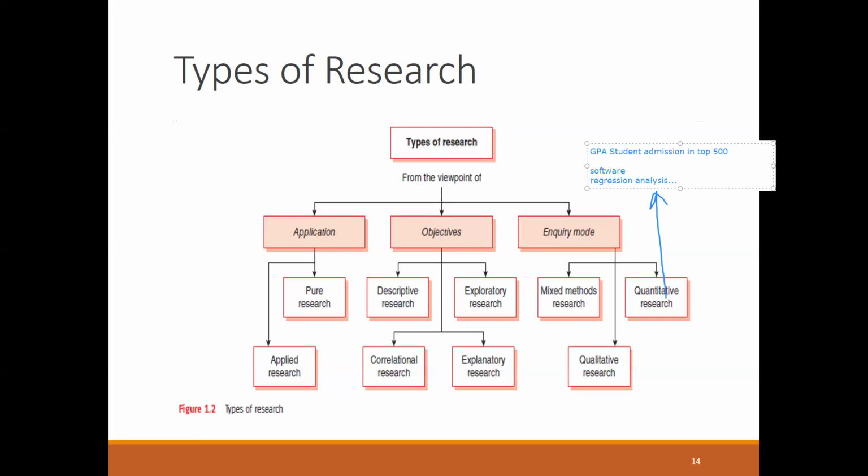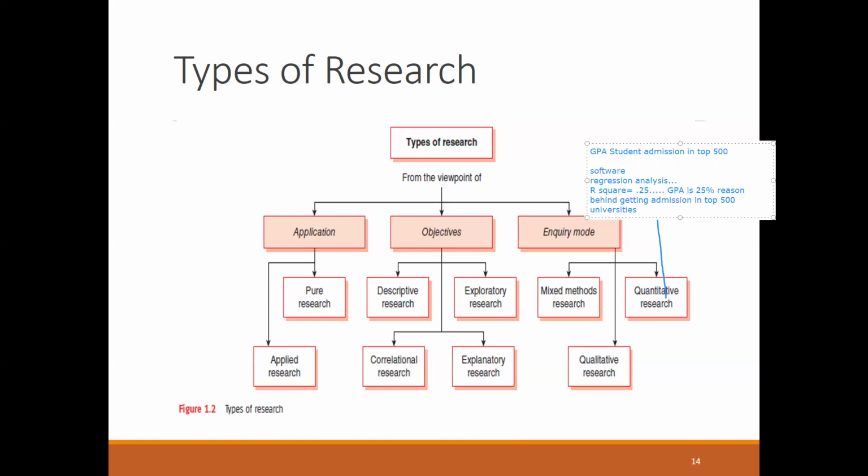And in that regression analysis, you might get an R square answer of, let's say, 0.25. This will mean that GPA is contributing 25%. So GPA is a 25% reason behind getting admission in top 500 universities.